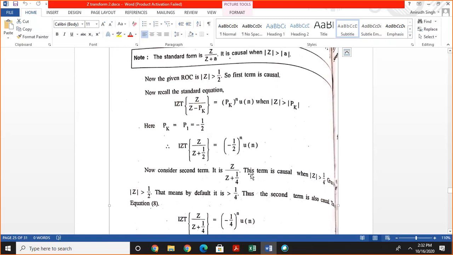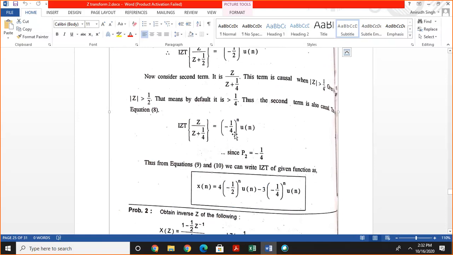because absolute value of z is greater than half. So absolute value is greater than half.